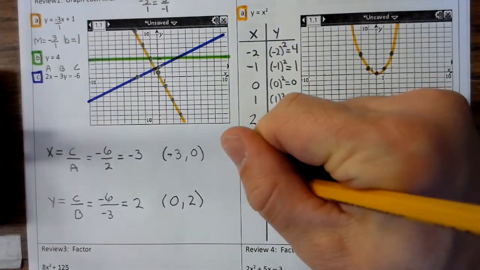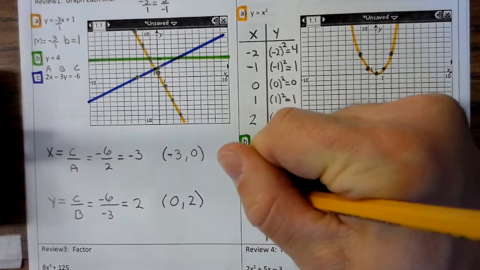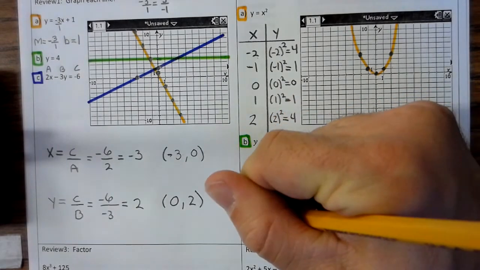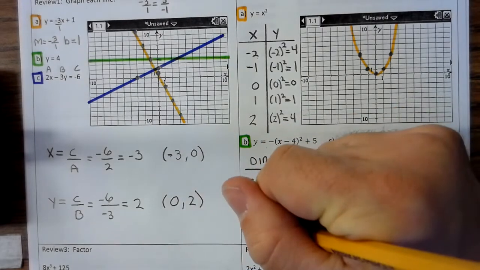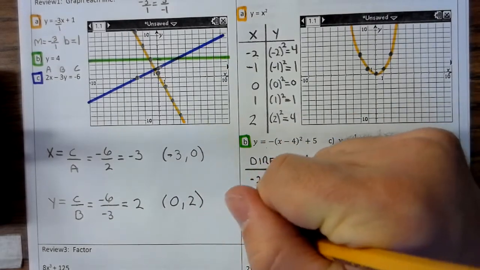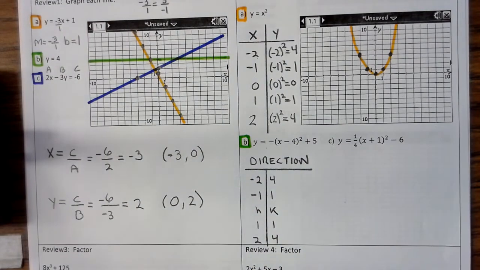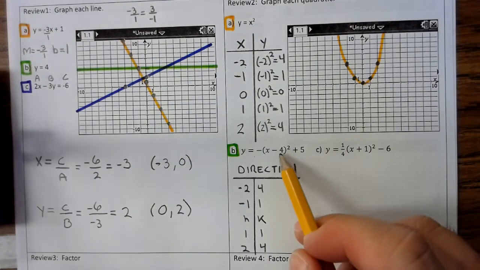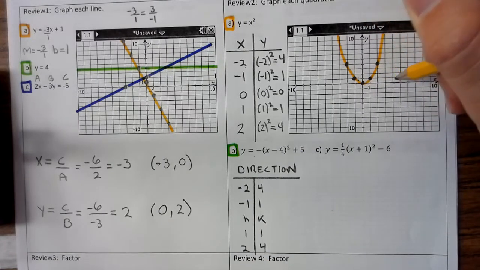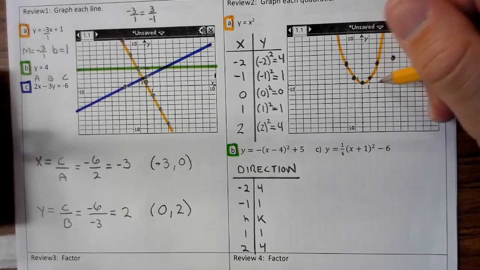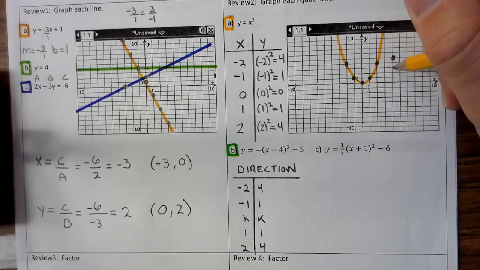So -2, 4, -1, 1, 0, 0, 1, 1, 2, 4. Now, we need to move the vertex, so that tells us we go right 4, up 5. So right 1, 2, 3, 4, up 1, 2, 3, 4, 5. Double check the count.